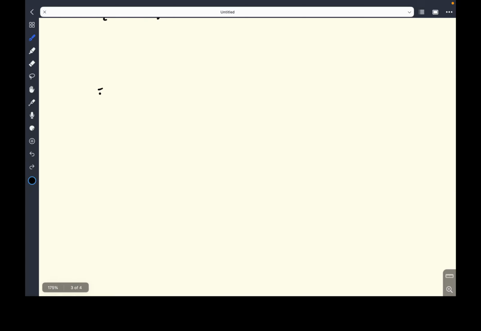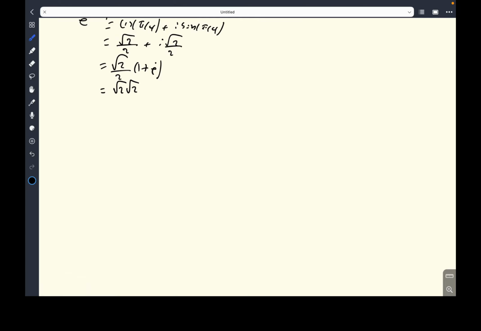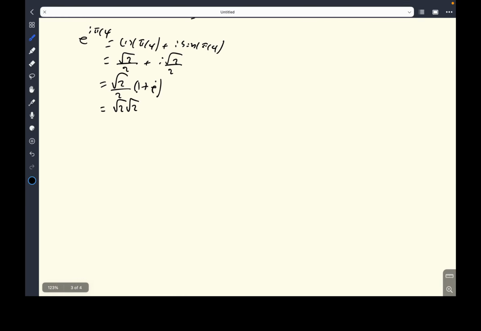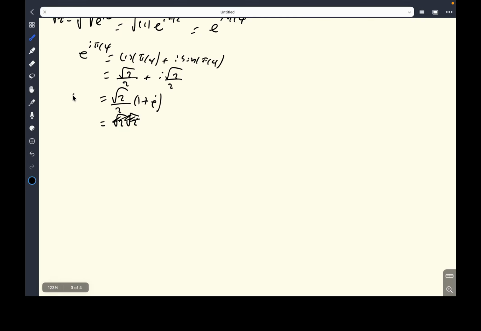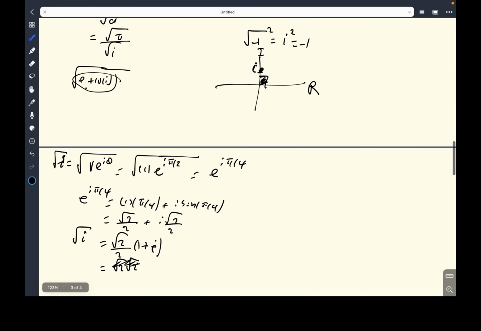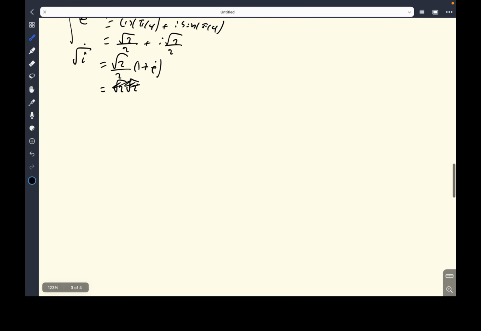If I then multiply both sides by the square root of 2 to rationalize it, actually I'm going to first plug in, since this is root i, it's going to be 2 over root 2 root pi divided by 1 plus i.